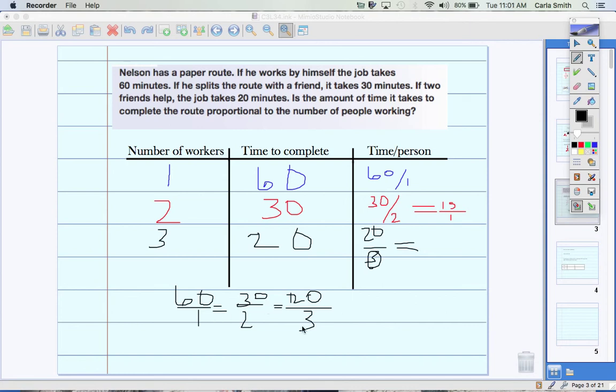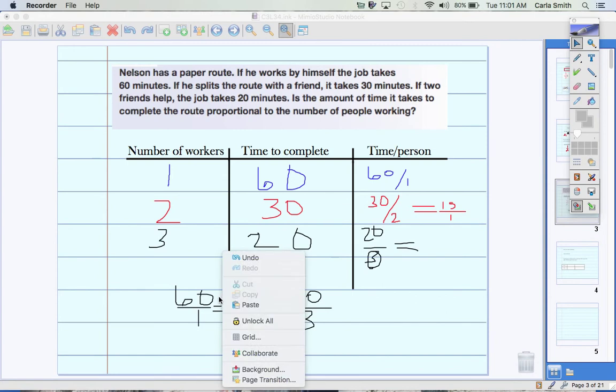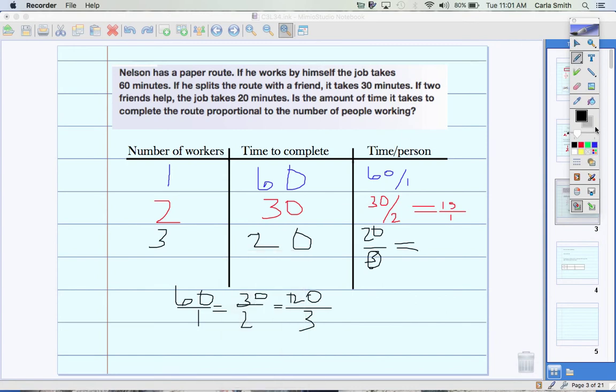And I'm going to set these all equal to each other. And if I look here, I can say that if I divide my first one by 2, it's going to get me my second one. So I can divide by 2, and I can also divide by 2.